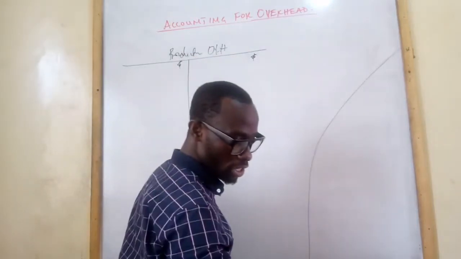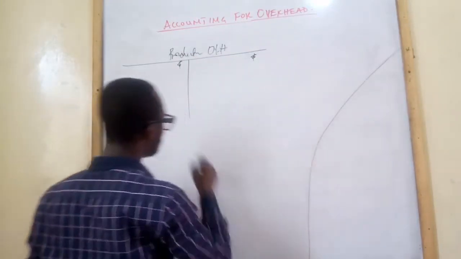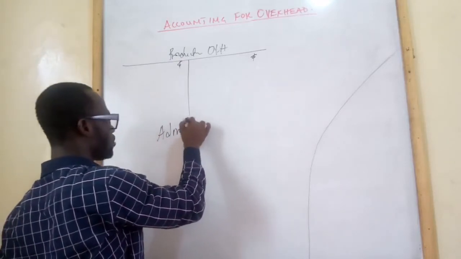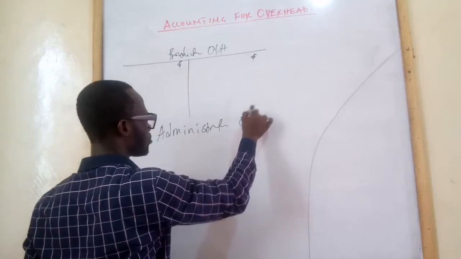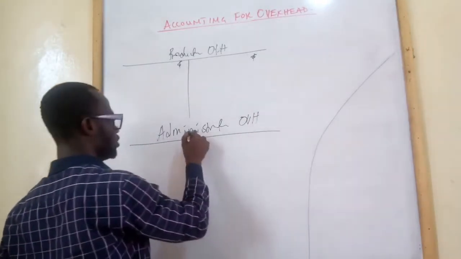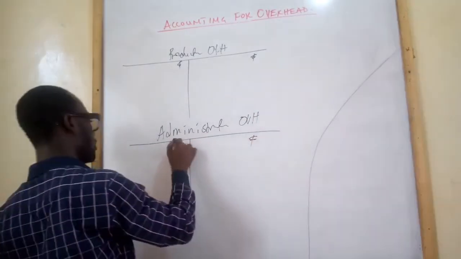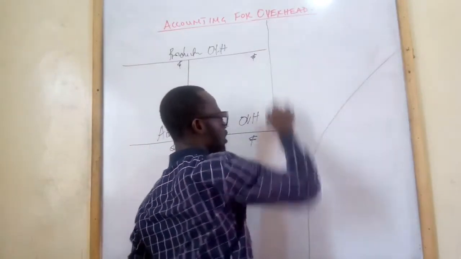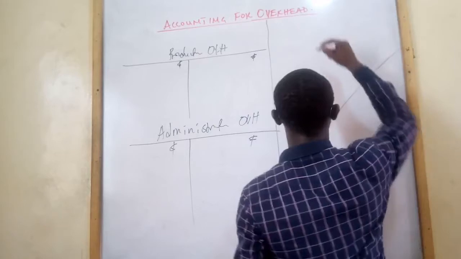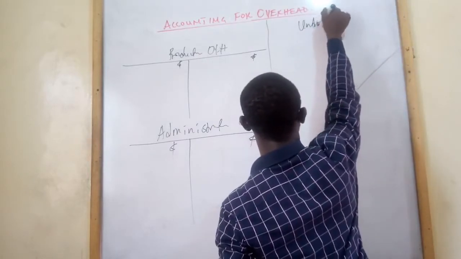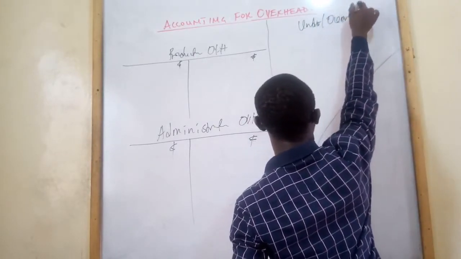Then we also need to prepare administration overheads because there is admin overhead there. The same thing, credits and debits. So let me divide my board. Then you need to prepare the under or over absorption account.